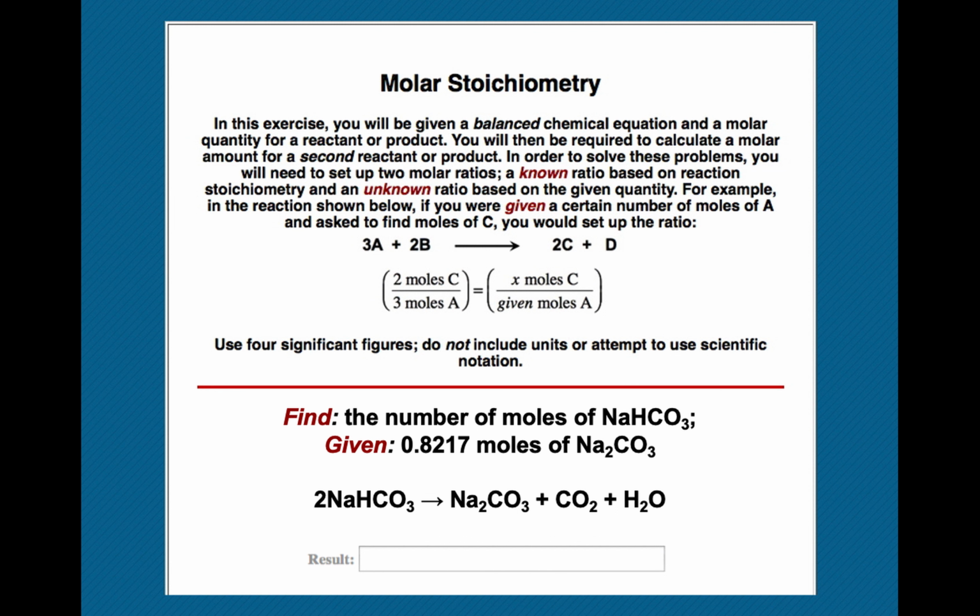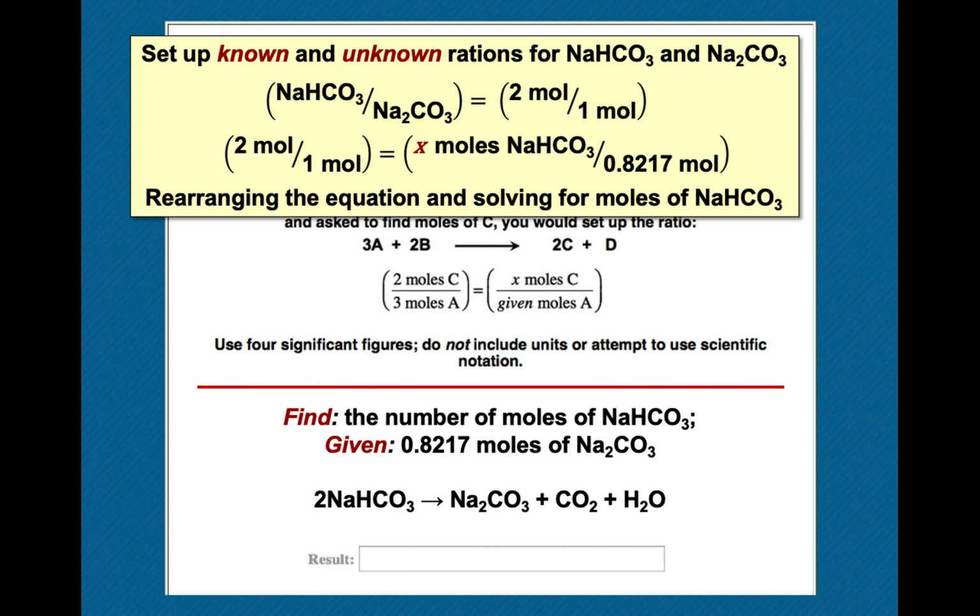So, we want to find the number of moles of sodium hydrogen carbonate. That's that. Our given is going to be moles of sodium carbonate. It's that. So, our ratio here, sodium hydrogen carbonate to sodium carbonate, with sodium carbonate in the denominator, is 2 to 1. Here's our unknown ratio.